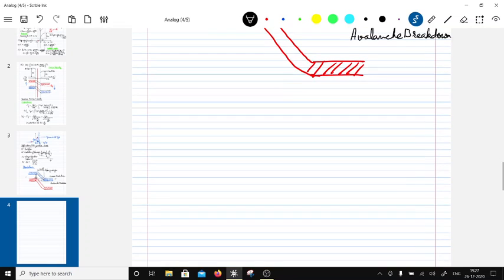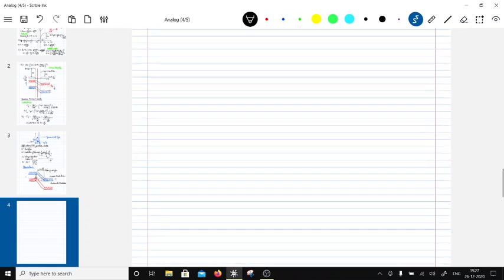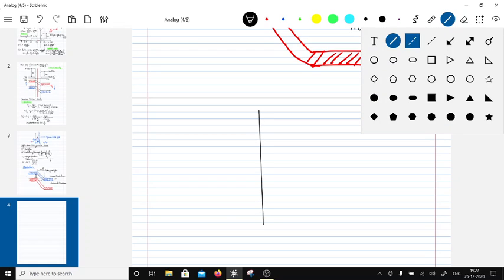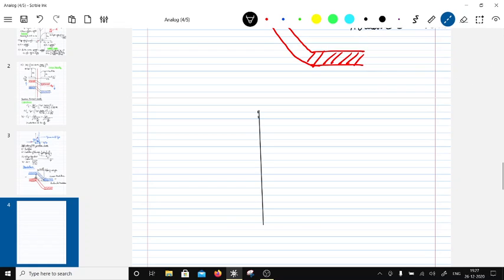Now let's draw the carrier concentration in a PN junction very near to when it is turned on. This has shrunk a lot. Similarly, the other side has shrunk a lot.